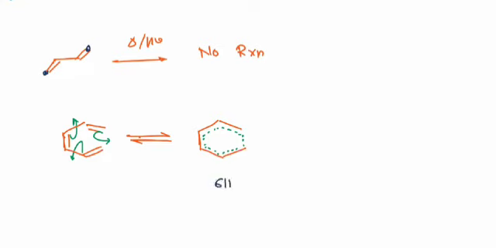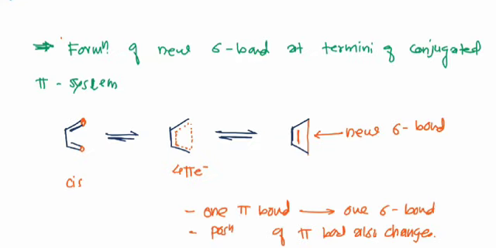That means it is 6 pi electrons. And finally, you get the product. Now look at the product. How many pi bonds remain, and how many sigma bonds are newly formed? Here the newly formed sigma bond is only 1, and there are 2 pi bonds. The position of the pi bond also changes, and a new sigma bond forms. So basically this is a 6 pi electron system, and in the previous reaction it was 4 pi.